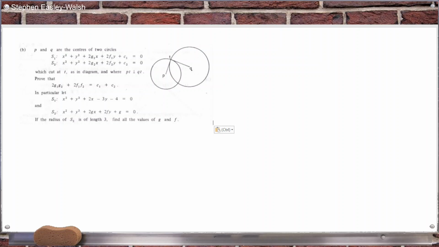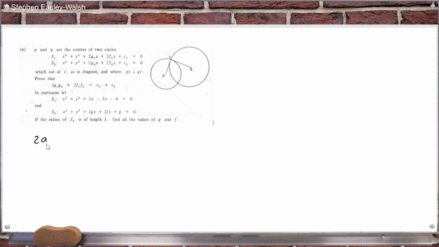The equation that we have to prove doesn't have an x in it. So if we get the common chord, we'd have to find the x to make them perpendicular. I'm not sure if this is the right way, but let's write down the equation of the common chord, which you can get by subtracting the 2 here.